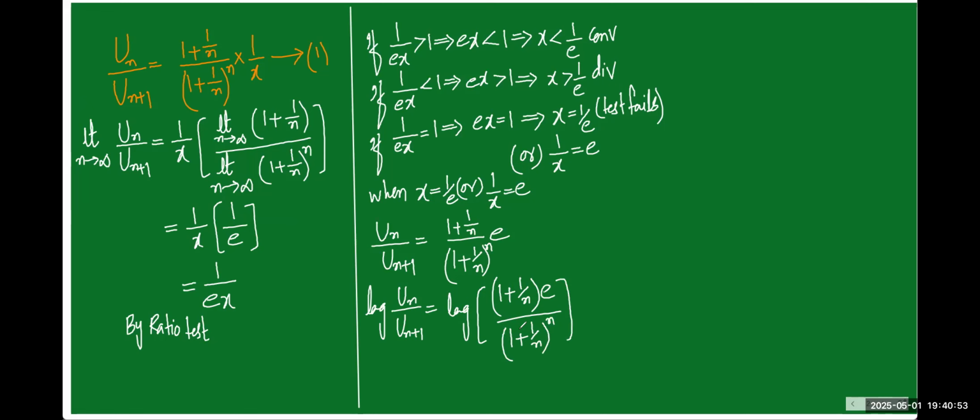Now apply log. First we apply the log ab formula, log a plus log b, and then the minus formula as well. Let us see how it goes in the next step.